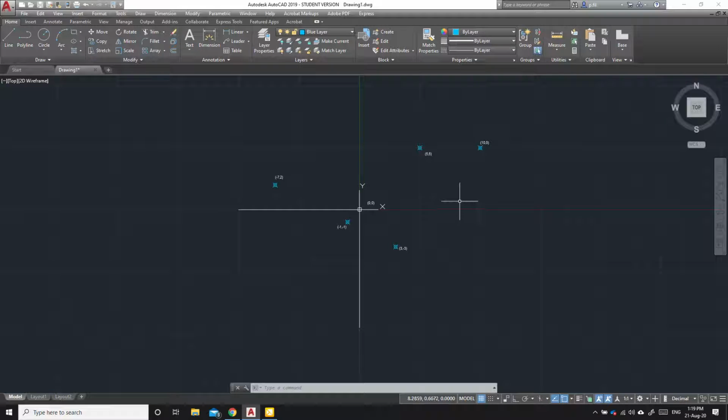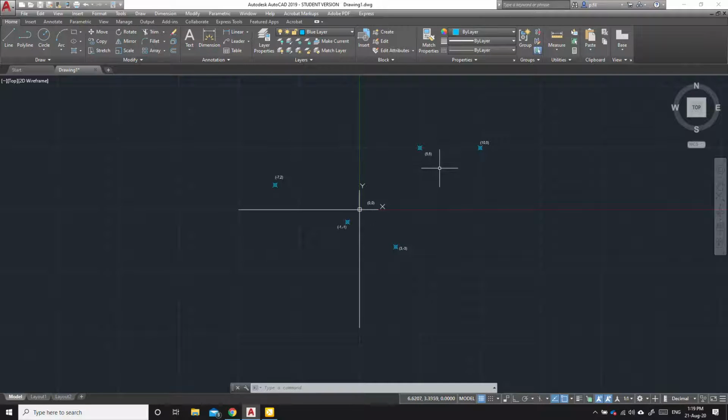The secondary coordinate system is the user coordinate system. You've heard me refer to this X and Y as the UCS, and that UCS stands for User Coordinate System. The red line is representing the x-axis, the green line is representing the y-axis, and the little square in the center there is representing 0, 0.